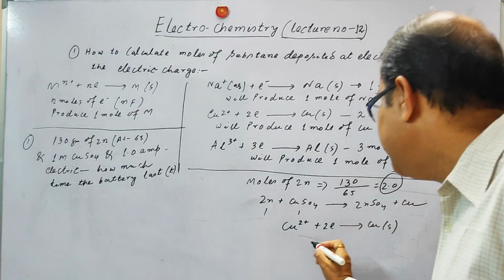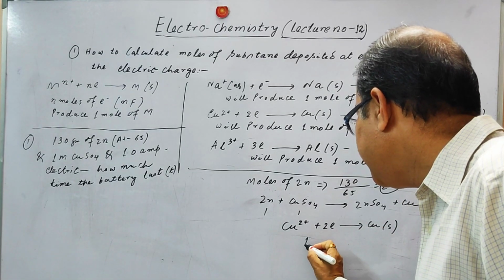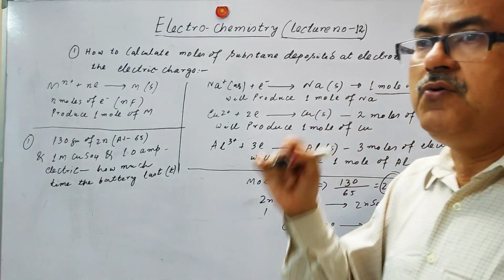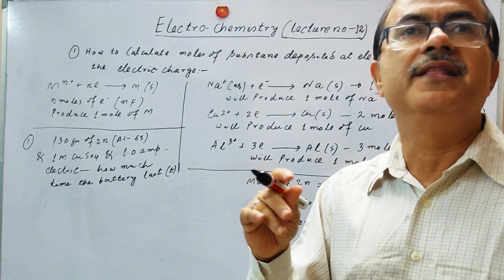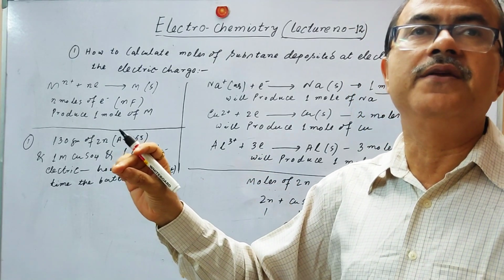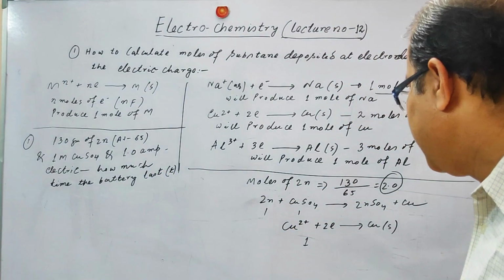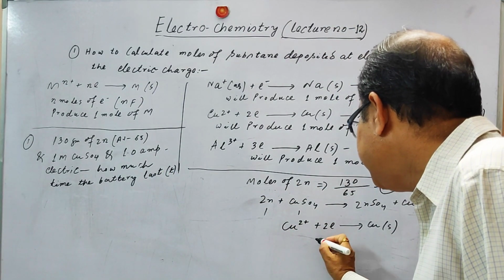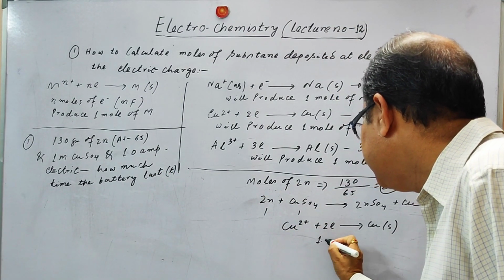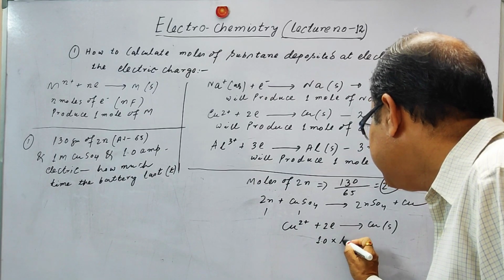We can write the equation. Again, we know the amount of electricity is the electric current that flows multiplied by the time. The electric current is 1 ampere, and this is the time.